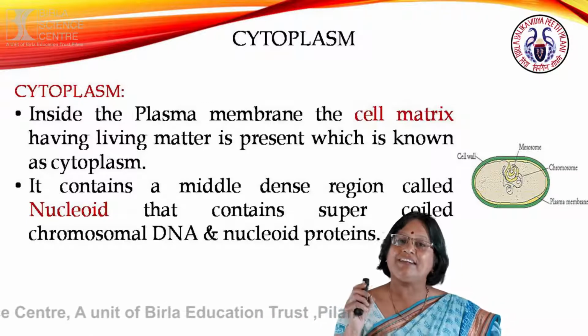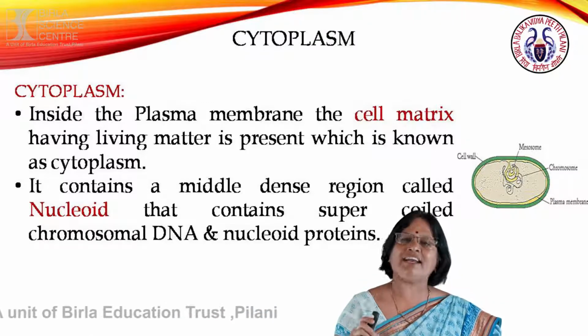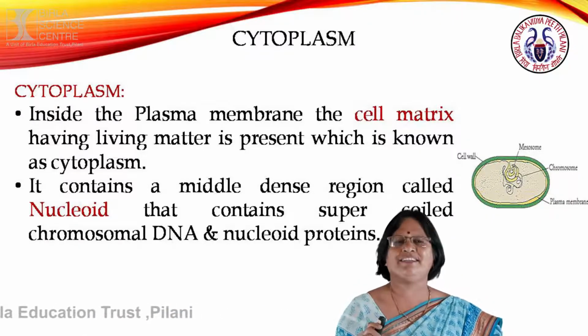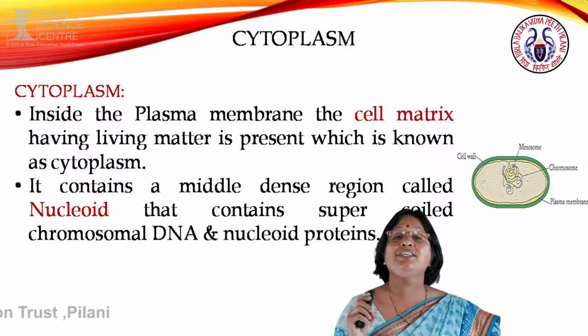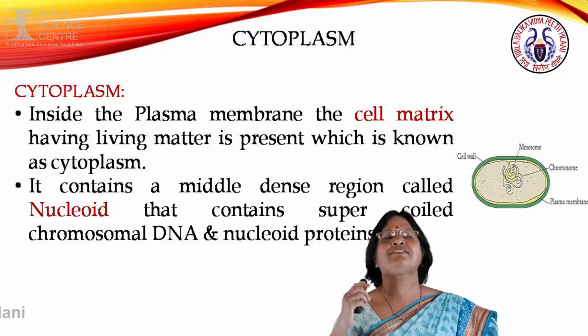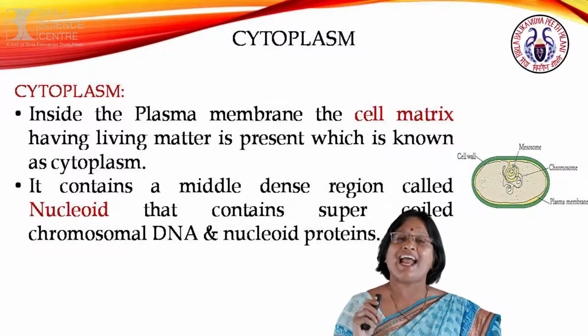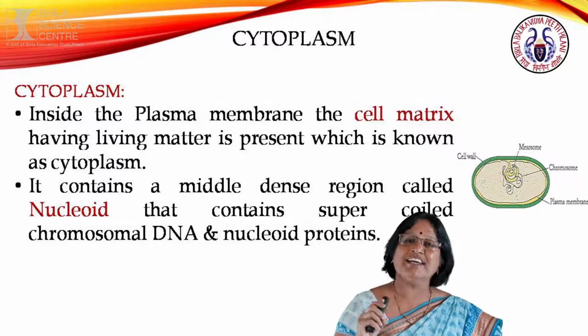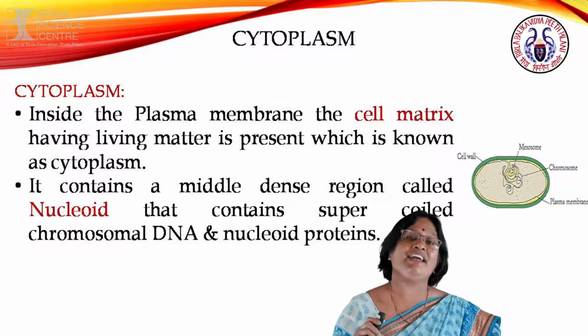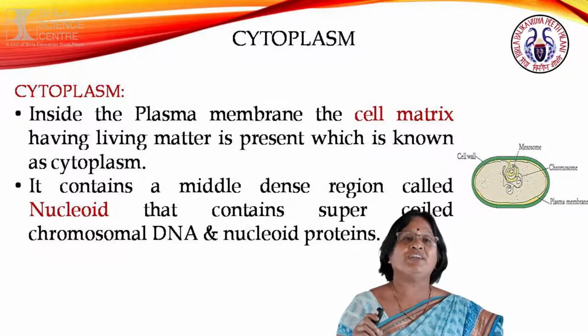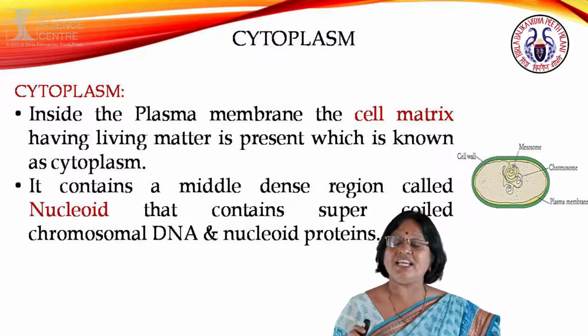That specific dense region inside the cytoplasm is known as the nucleoid region. What is special about the nucleoid region? The nucleoid region has the genetic material inside it, DNA. That's why this region is known as the nucleoid region.